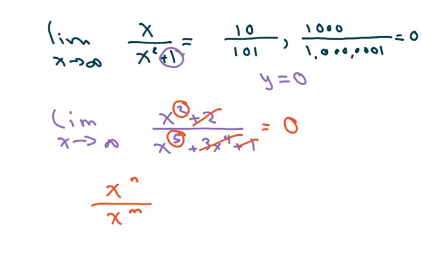If my degree in the numerator is smaller than my degree in the denominator, then that means my horizontal asymptote is going to be y equals 0. Okay? The next one we're going to do is where the degrees are the same.